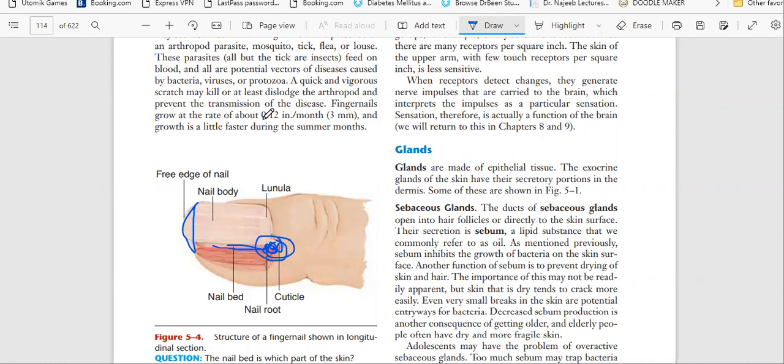We need 6 to 8 hours of sleep at night. In the daytime we should have a minimum of 20 to 40 minutes of rest for our body. And we need exercise. These 4 to 5 things will keep our body very healthy.